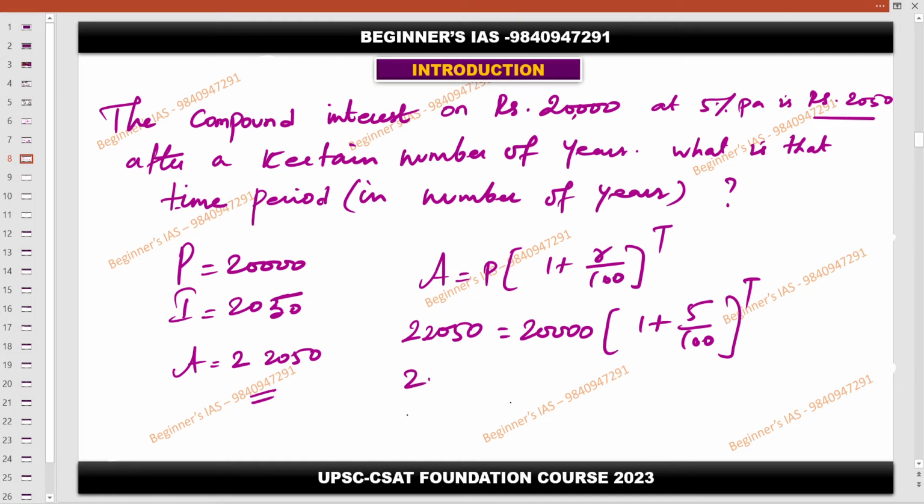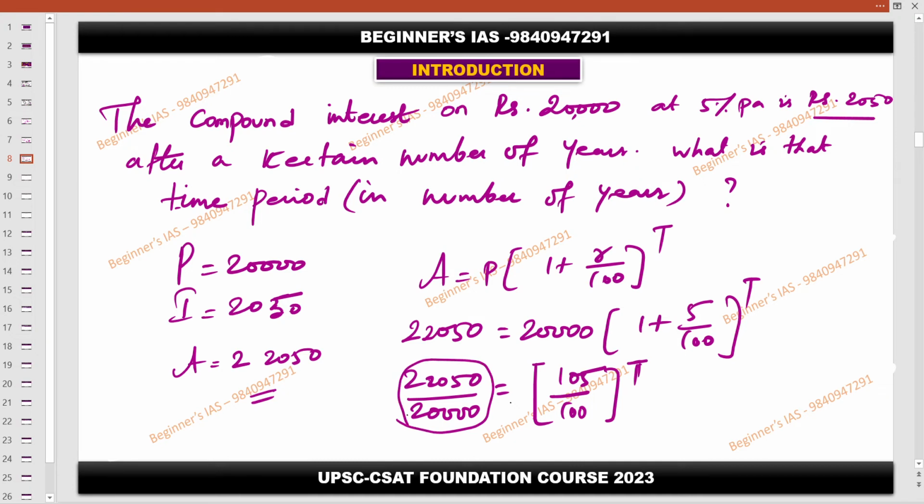So here 22050 by, listen carefully here, 100 not 5, 105 by 100 the whole power T. This 105 by 100 is going to be this one also. But what would be the power? That only you need to identify. Or else just cancel this. If you cancel this, it will become 21 by 20.